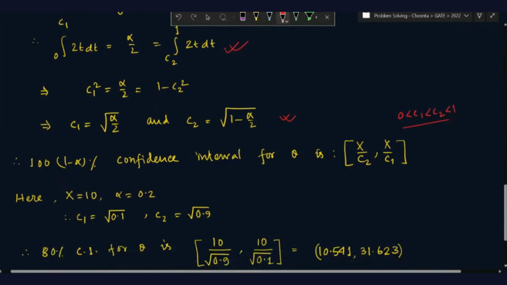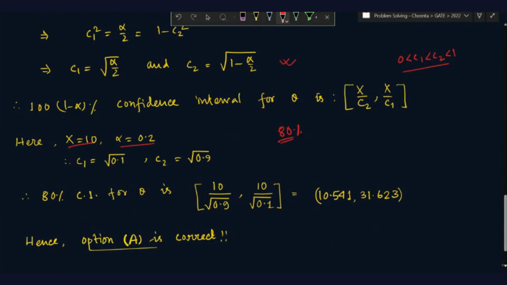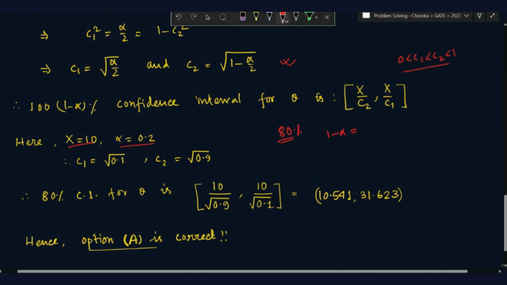Now here the given observed sample is x equal to 10 and alpha is 0.2, as we need to find the 80% confidence interval. So here 1 minus alpha is 0.8, and hence we get alpha equal to 0.2. So c1 is coming out to be square root of 0.1 and c2 is coming out to be square root of 0.9.